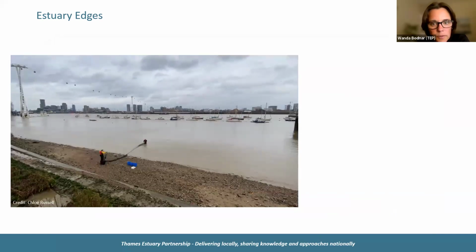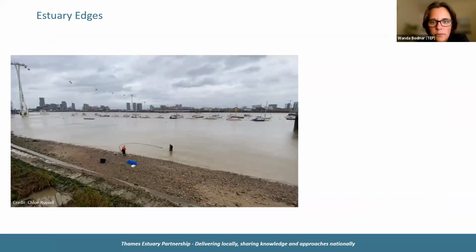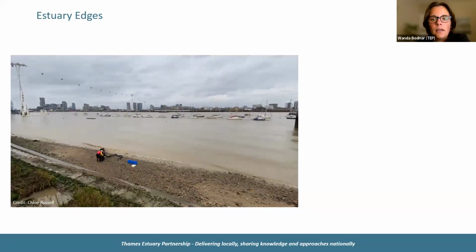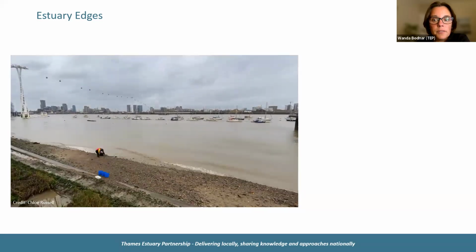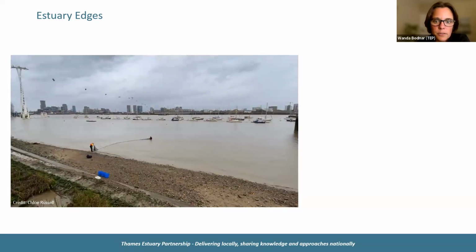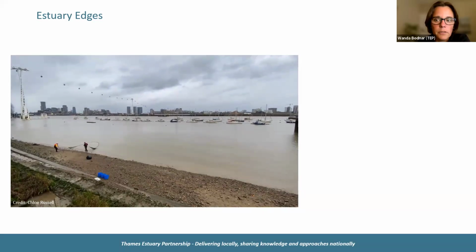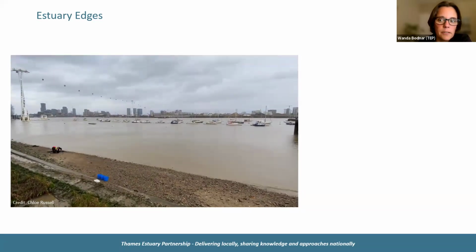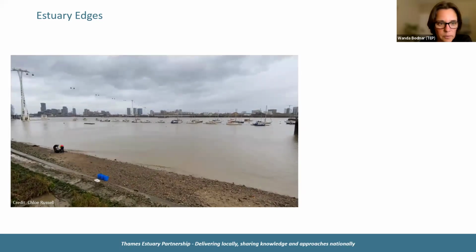Where applicable, seine netting was conducted on the foreshore in front of the site during the rising tide. And this was carried out considering earlier research that showed that juvenile fish will follow the head of the tide, enabling them to access vegetated areas along the edges as quickly as possible.